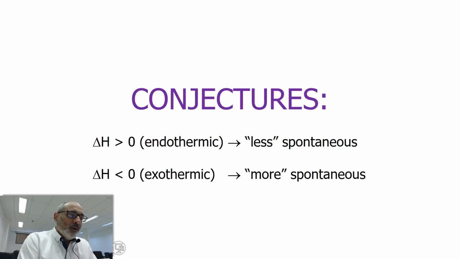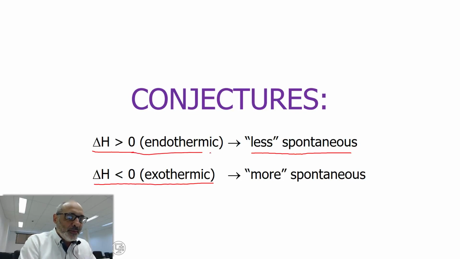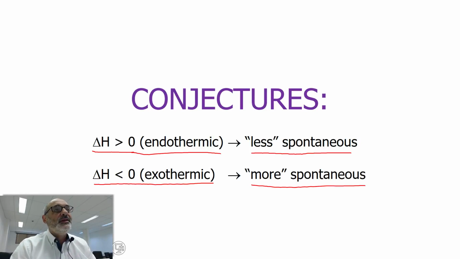When a process is endothermic, meaning it must absorb energy from an external source or from within its components, we can assume the process is less spontaneous. If the process is exothermic, meaning it releases heat, the probability of being spontaneous is higher, I would say. So in this case, more spontaneous.